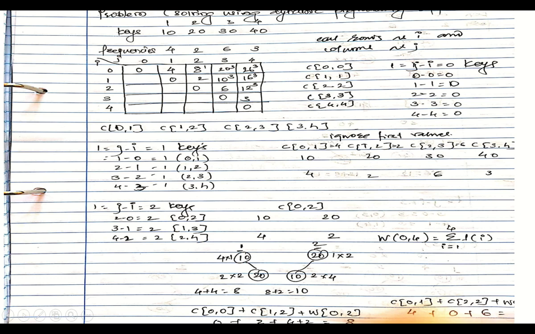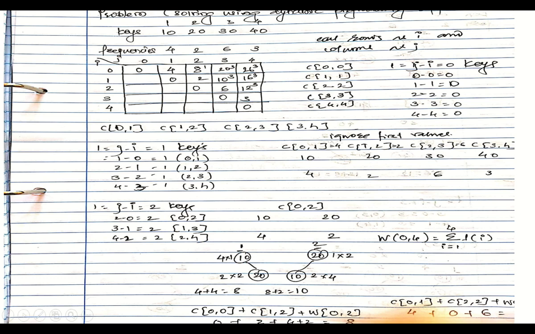Next which I want to find out is 0 comma 1, then 1 comma 2, then 2 comma 3, and then 3 comma 4, right? So the next value should be L is equal to j minus i, which is equal to 1. What is 1? That is key 1. So 1 key has to be considered.